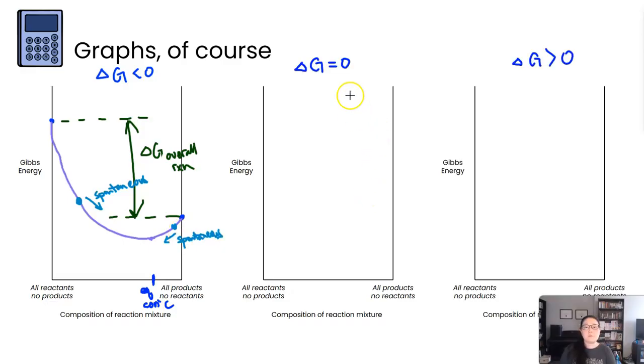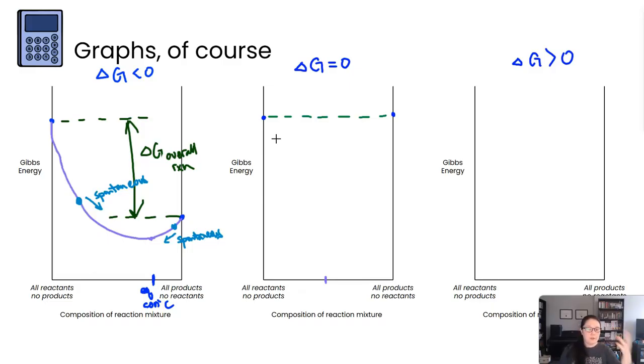So in a similar way, you will be able to draw graphs for other types of reactions as well. If you have an overall reaction that has a delta G of 0, that means your Gibbs energy when you have all reactants or all products is going to be the same.